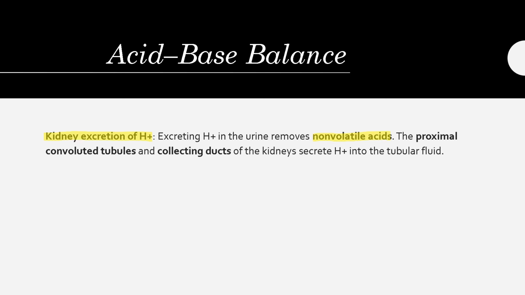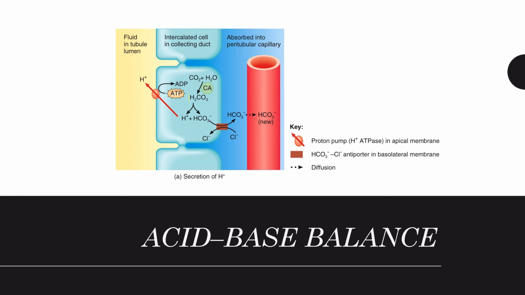So with this regulation mechanism, we're going to have cells in the proximal convoluted tubules and the collecting ducts, which will secrete hydrogen ions into the tubular fluid to excrete it in the urine. Here we can see a nice diagram of a magnified section of the collecting duct in the kidney.